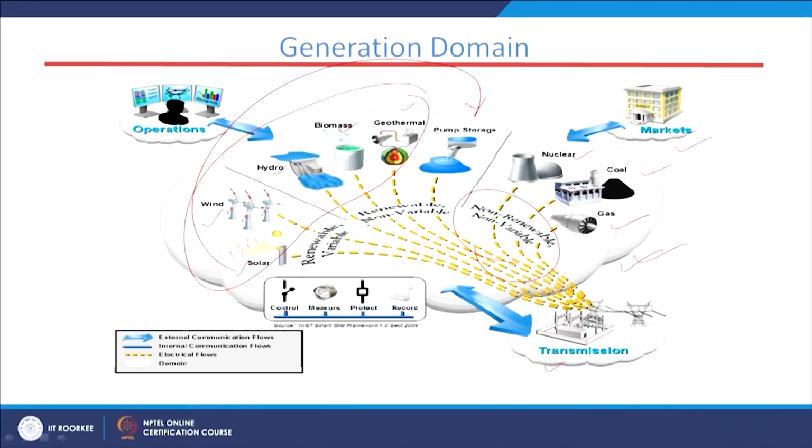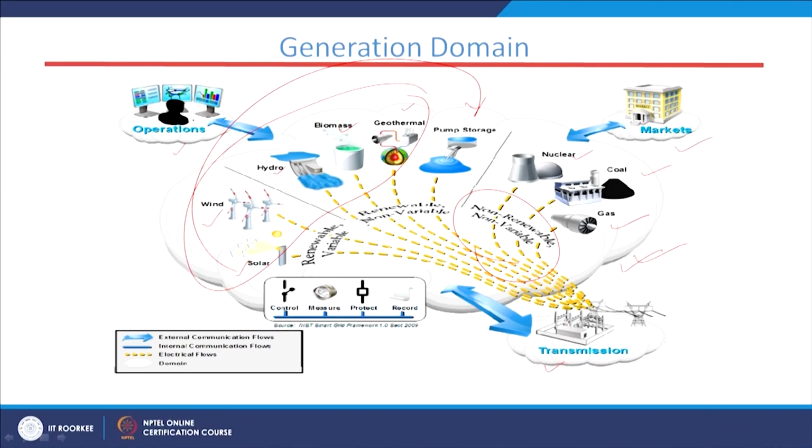Now, we have gas, coal and nuclear based sources. These are all non-renewable or non-variable energy sources, which are also part of this generation domain. And remember, this generation domain also speaks with transmission, markets and operations.